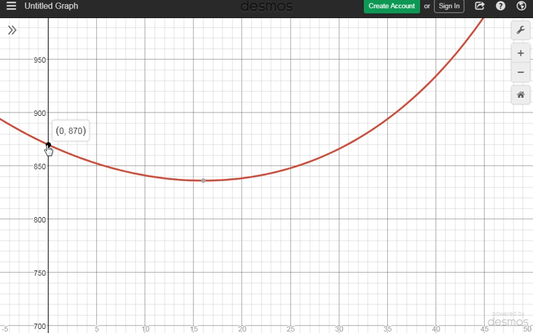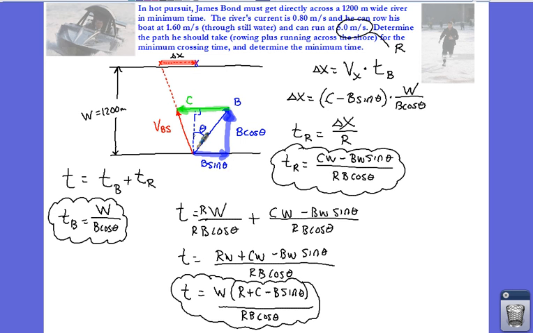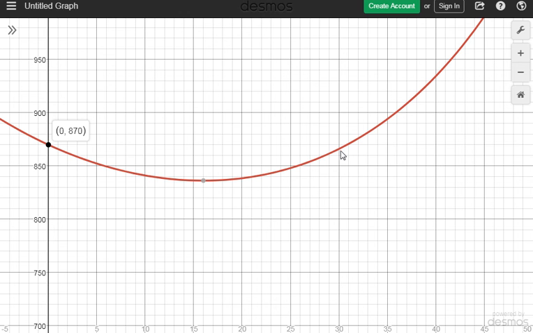We calculated that time to be 870 seconds. The other time was if he went at a 30-degree angle into the water, the current would have pulled him down so that he would have just traveled straight across the river. At 30 degrees, we calculated that time to be about 866 seconds. So sure enough, those are our two values. We're, of course, interested in this value.